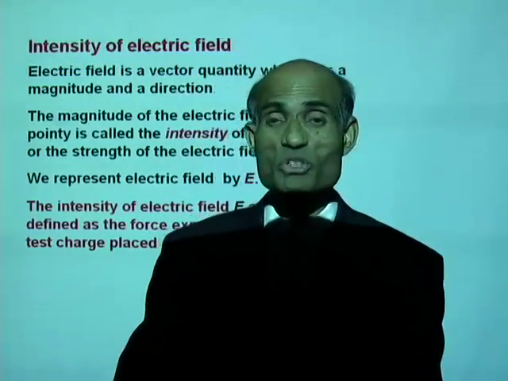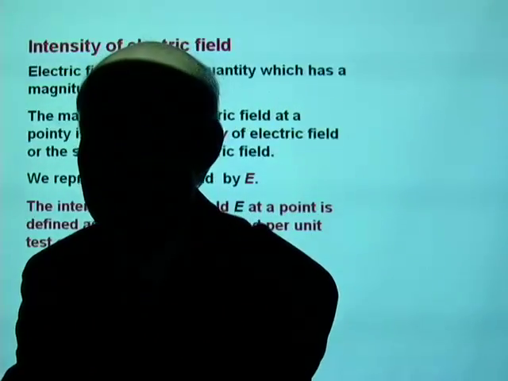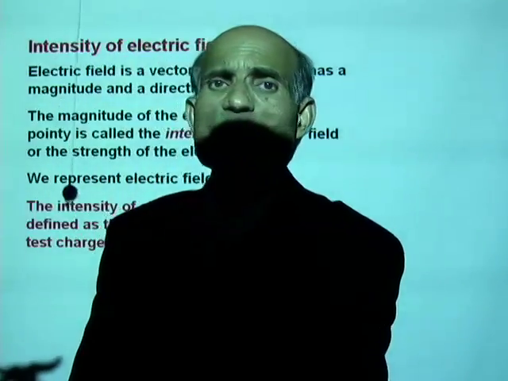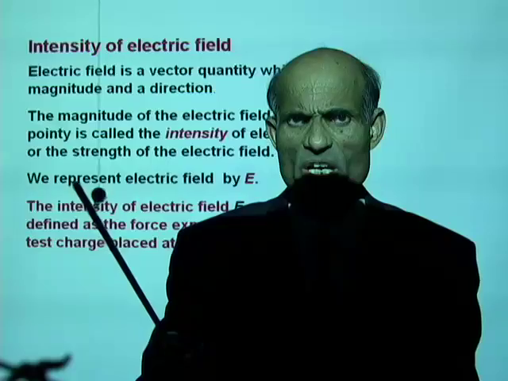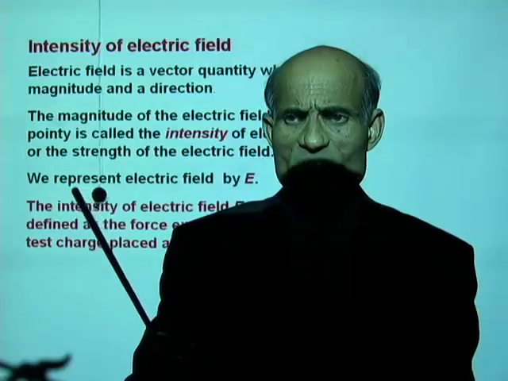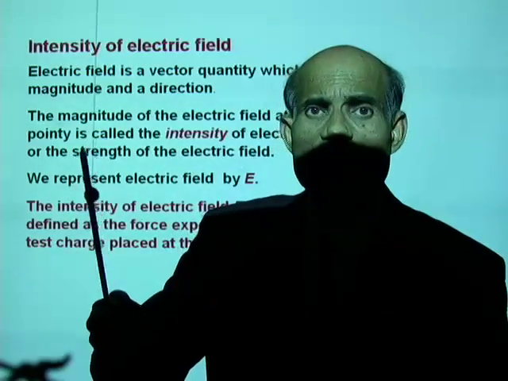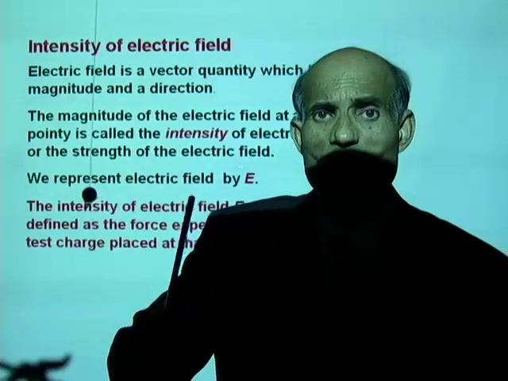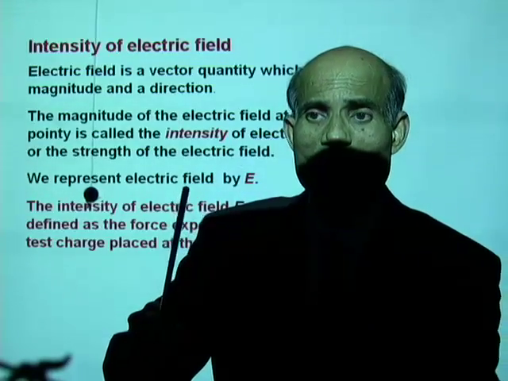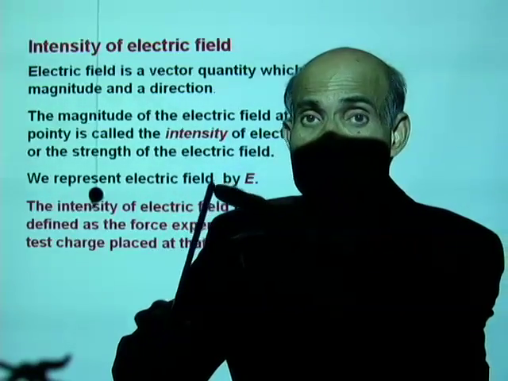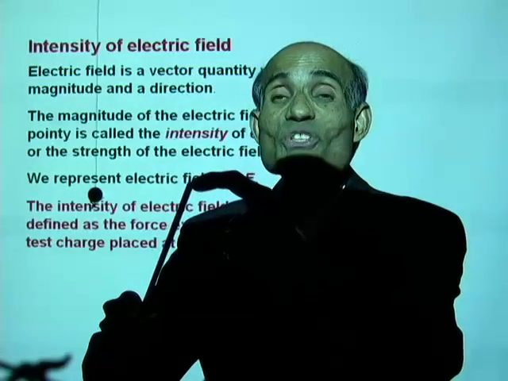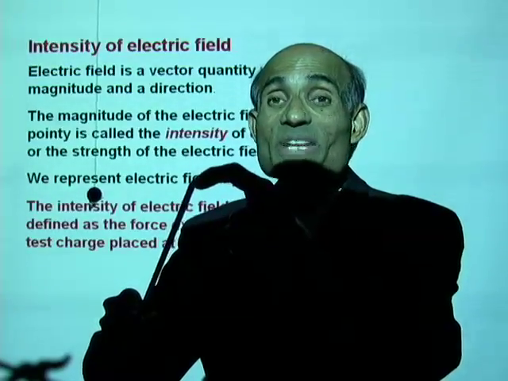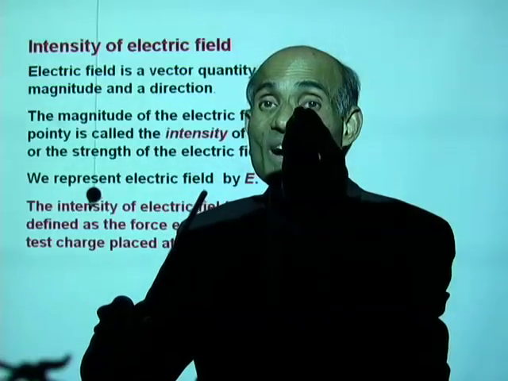So if I want to determine the intensity of the electric field due to this charge, now here is a charge here. If I want to find the intensity of the electric field at a point where my pointer is, all I need to do is place a test charge there and measure the force it experiences. And the test charge, what is our test charge?